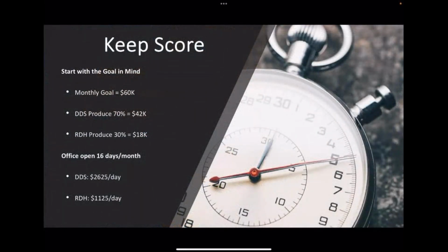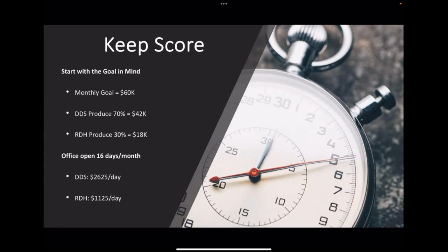Okay. So let's break this down for a minute, just to use an example for this webinar. If we were keeping score, if we wanted to know how we're doing against our goal, right? So we start with a month in mind. So let's say our goal for our team is $60,000 for the month. Doctors should be producing 70-ish thousand, hygienists 25, 30% of the production, or, doctor production versus hygiene production.